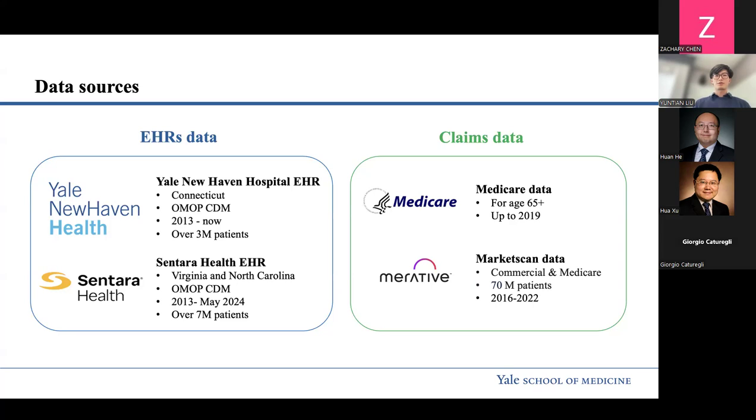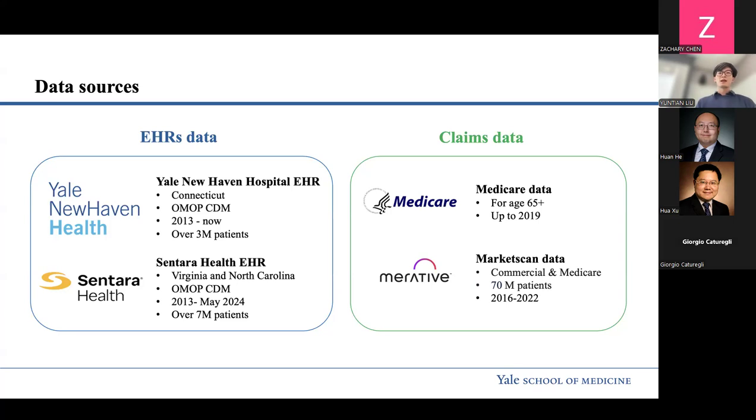We have two regional large health system EHR datasets. First is the New Haven Hospital EHR. It's in OMOP, it's from 2013, and it covers 3 million patients. The second one is the Sentara EHR. It's also in OMOP, has a similar time frame, and covers even more patients, over 7 million.